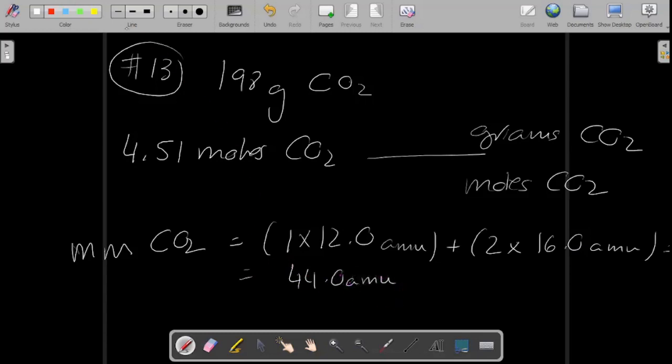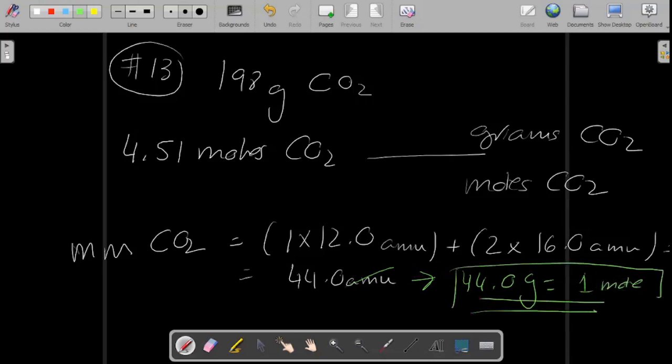AMUs. And I said to you, don't call it that anymore. Call it grams. Well, I'm just going to put it like that. So call it grams. And now you know that you have 1 mole. When you call it grams, you have 1 mole of that substance. And that's the factor that you needed to be able to compute your answer.